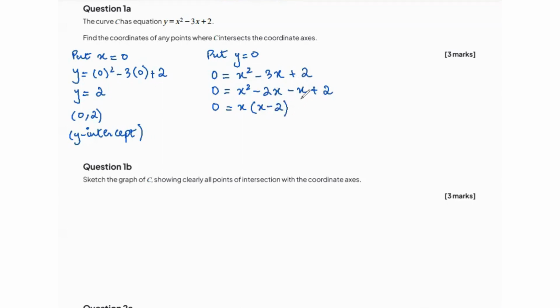Between negative x and 2, we have negative 1 common, so x minus 2 again. So it equals x minus 2 times x minus 1.